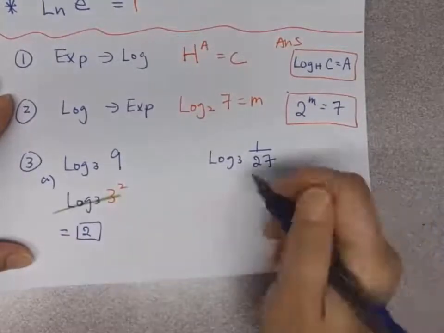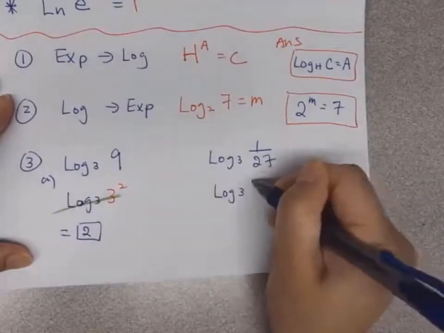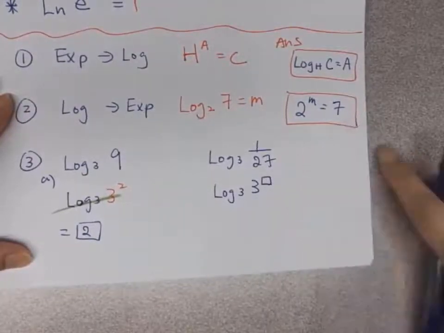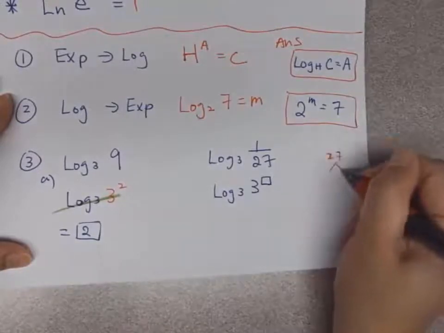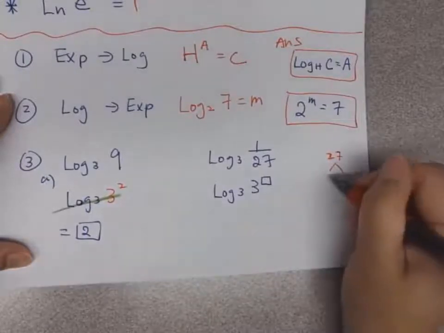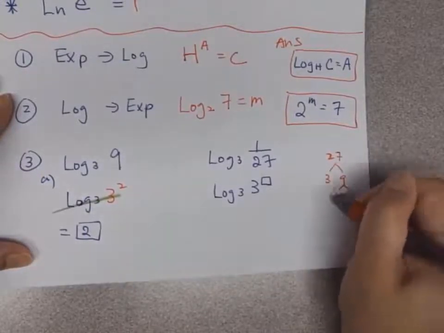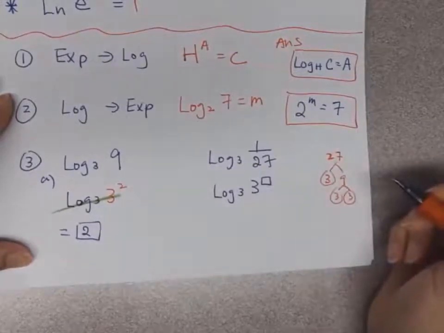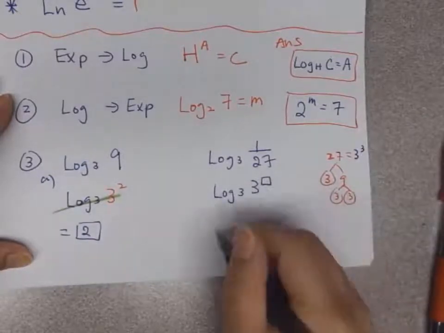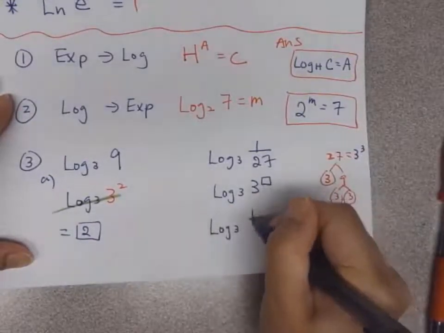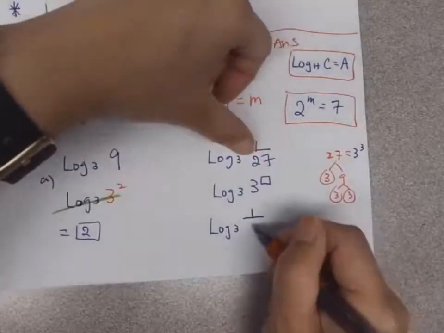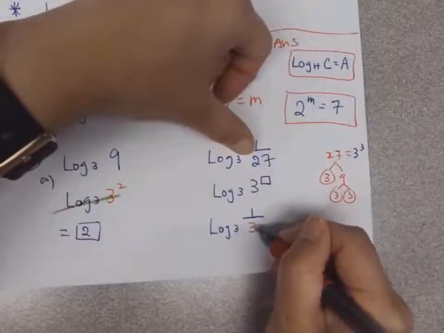And then the other one, I also want to change it to log base 3 of 3 to some power, right? But this one is a little bit harder. But I know 27 can be broken down as what? 3 times 9 and 9 is 3 times 3, right? Which means 27 is the same as 3 to the third power. So I can think of it as log base 3 of 1 over 3 to the third power, right?